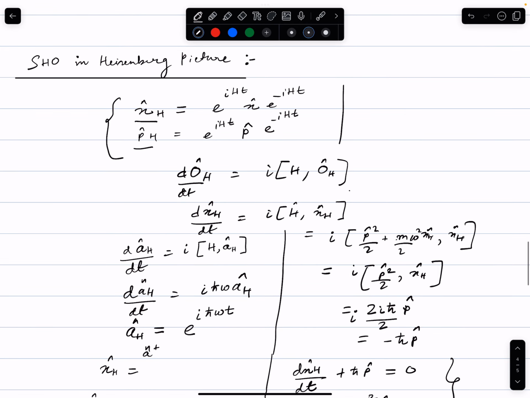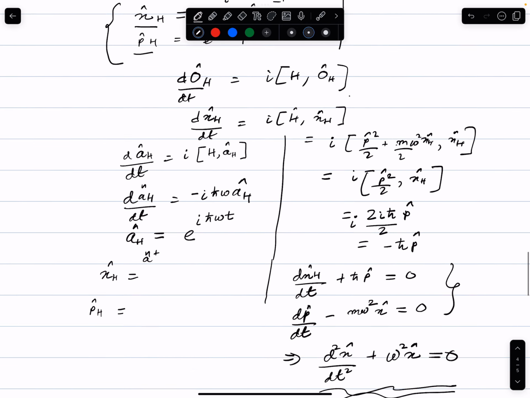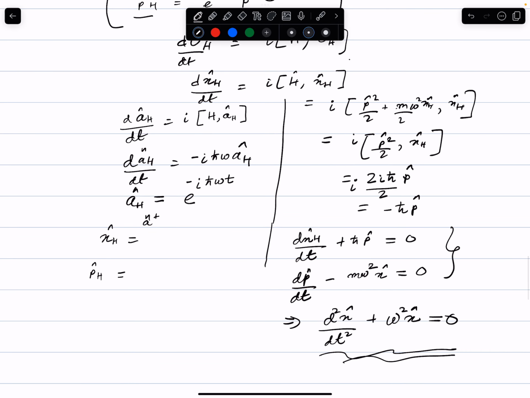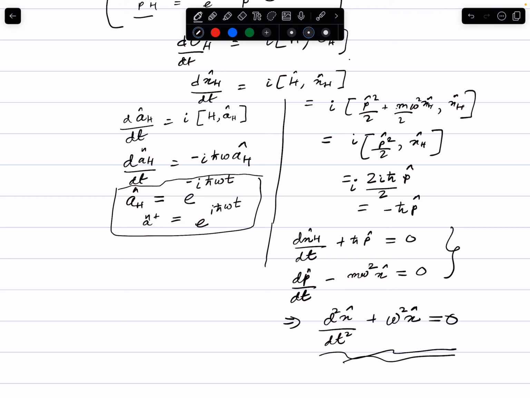Sorry, there was a minus sign here, so this is minus, and a dagger is i h omega t. Okay. And so these are how the AH and AH bar evolve with time.